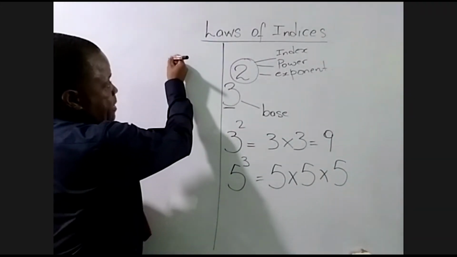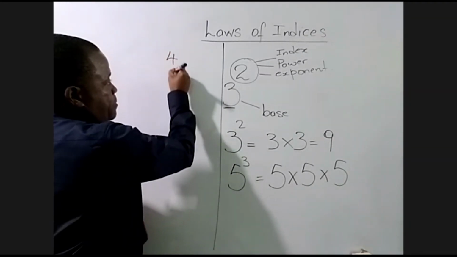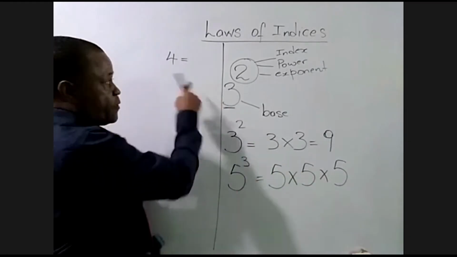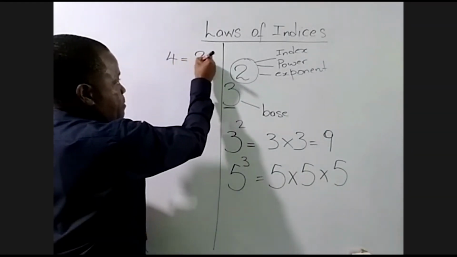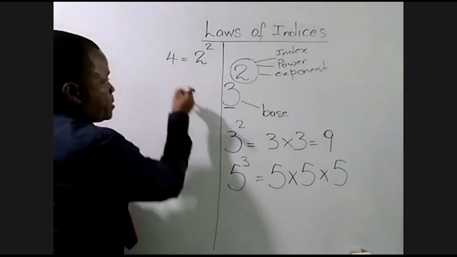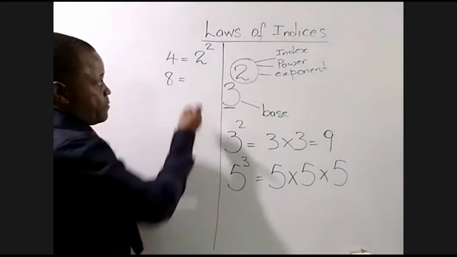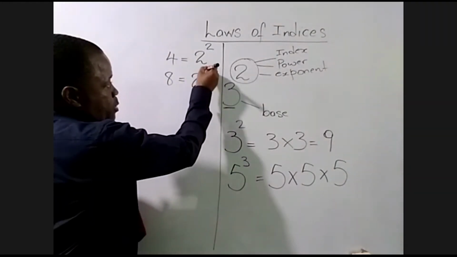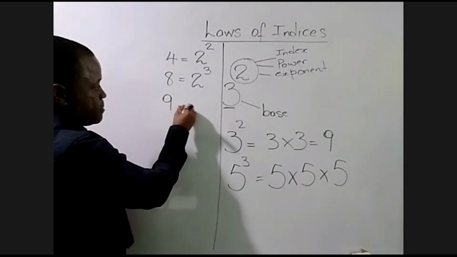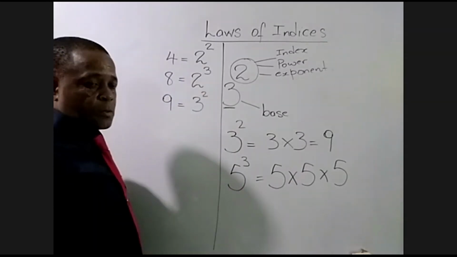So if I should pick 4, we're saying that we could write 4 another way in its index form. And 4 will be 2 to the second power. All right? We can write 8. 8 would have been 2 to the third power. What about 9? This would have been 3 to the second power.